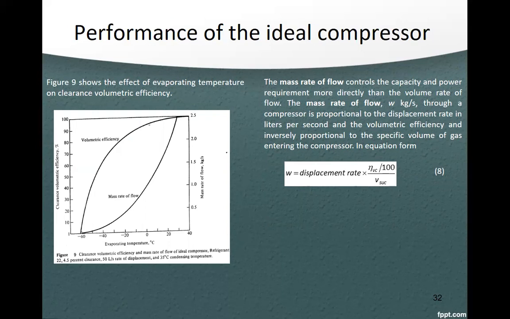The mass rate of flow, W in kilograms per second, through a compressor is proportional to the displacement rate in liters per second and the volumetric efficiency, and it is inversely proportional to the specific volume of gas entering the compressor. In equation form, W is equal to displacement times volumetric efficiency over 100 over the suction specific volume.